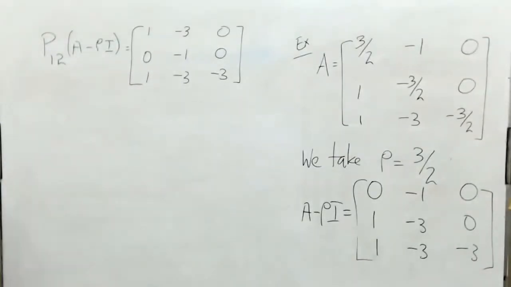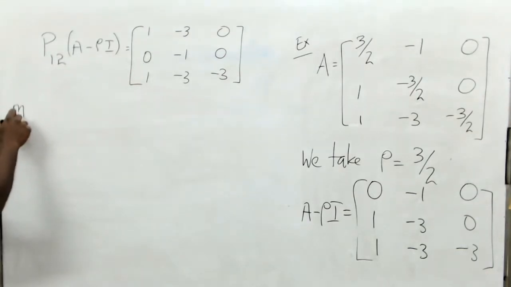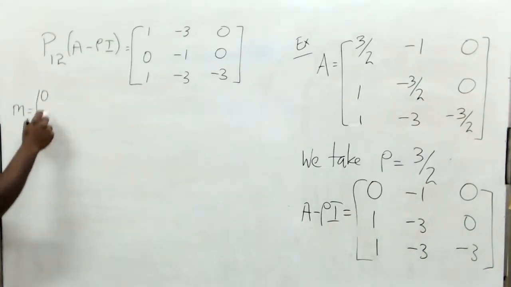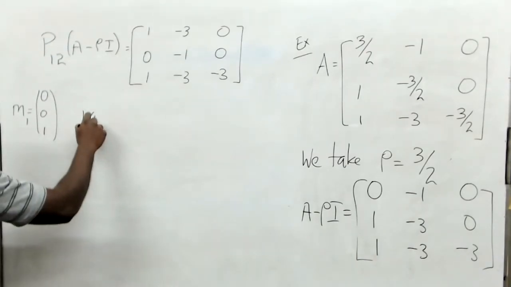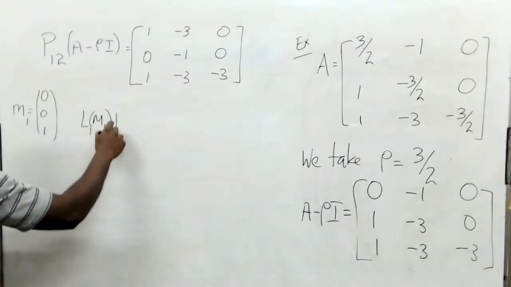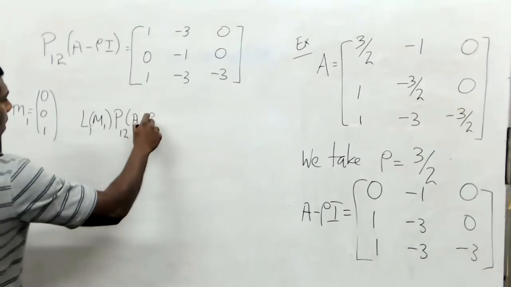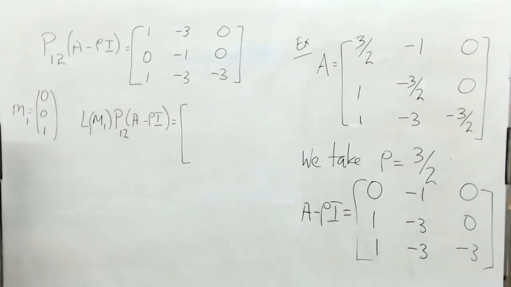Next step is you have to eliminate this 1. So your M1 is 0, 0, 1. Remember, it's all chapter 1. So M1 times P12 times A minus rho I is the elimination part.